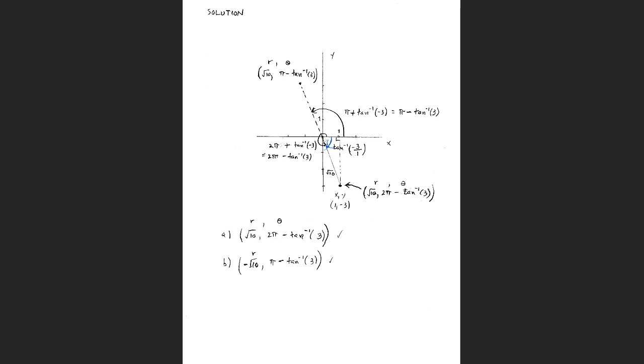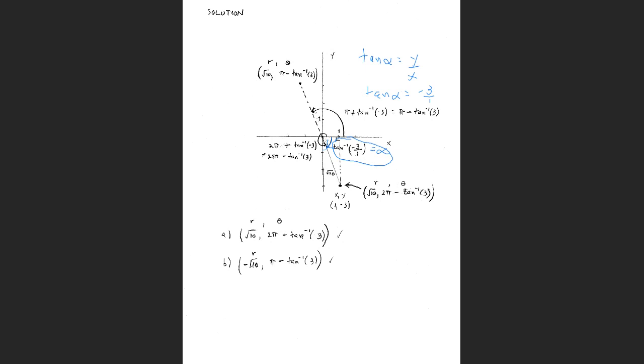Why is that? If this reference angle is called alpha, the tangent of alpha would equal y over x. So the tangent of alpha is equal to -3/1. That means alpha is equal to the arctangent of -3/1, which is the arctangent of -3.